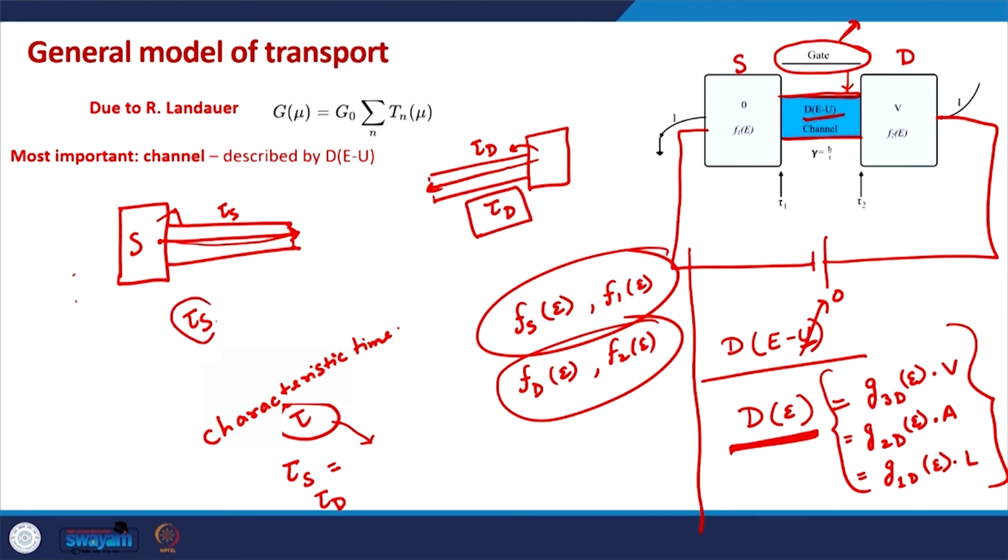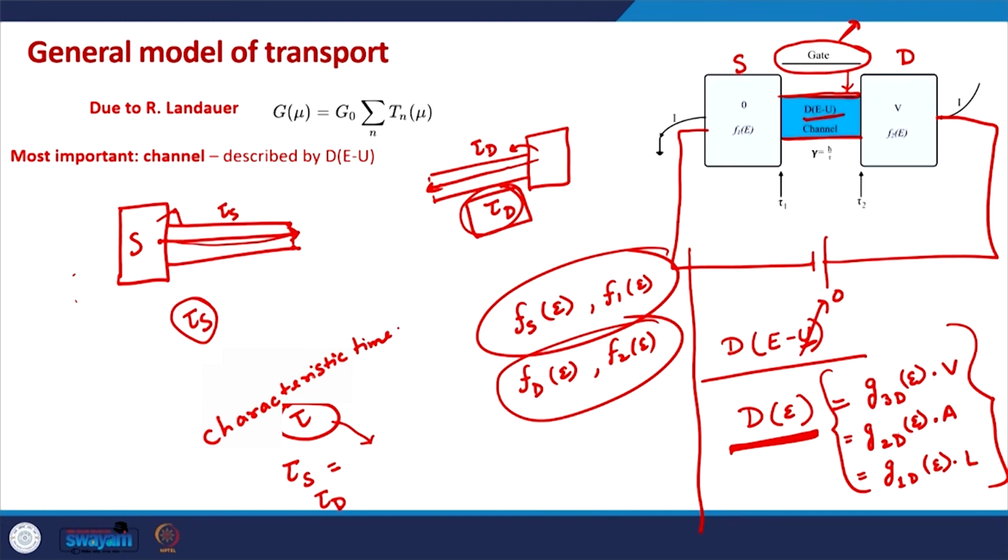So, the characteristic time is the time for which the electron stays in the energy levels of the channel during transport. Generally the drain is at positive voltage, so electrons jump from the source into the channel and to the drain. Generally the vice versa does not happen, but sometimes when the source is at positive voltage, the electron can also jump from the drain to the channel and go to the source.